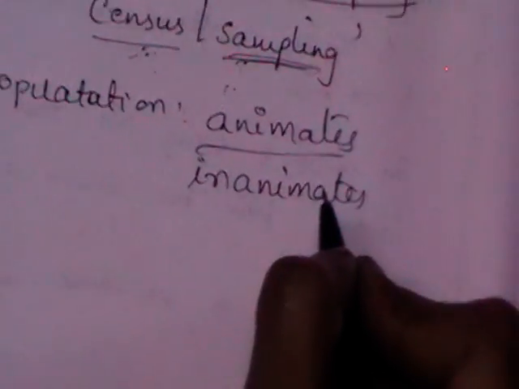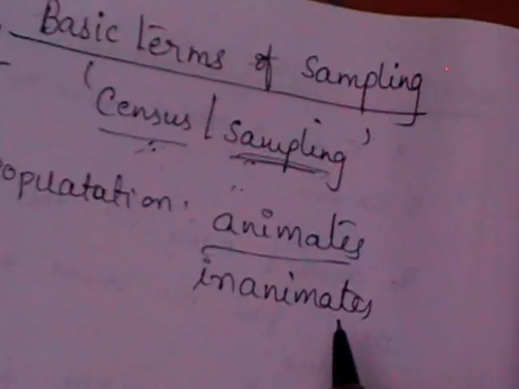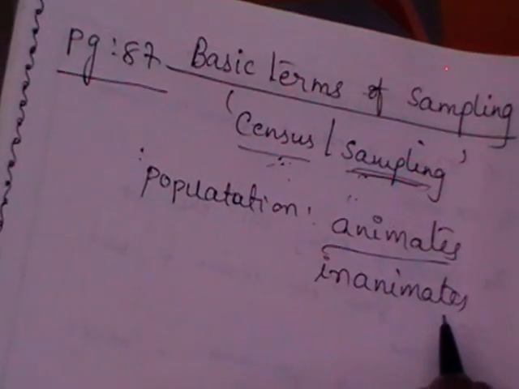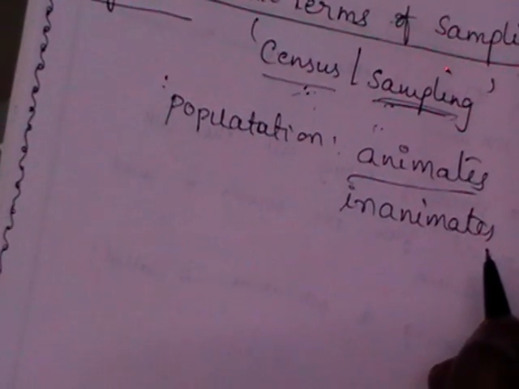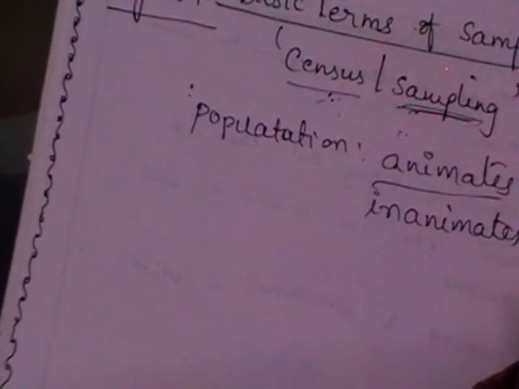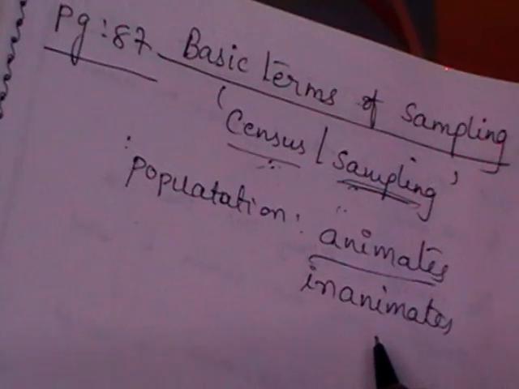Inanimates means non-living things also. Depending upon the study, population may be a collection of non-living things like the number of cars produced by manufacturing units or the number of pens produced by a manufacturing unit. So population is a collection of animates or inanimates.